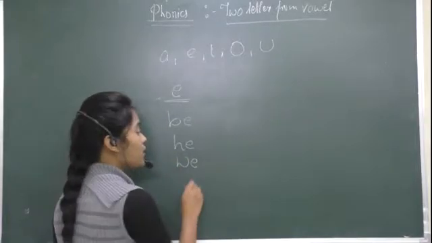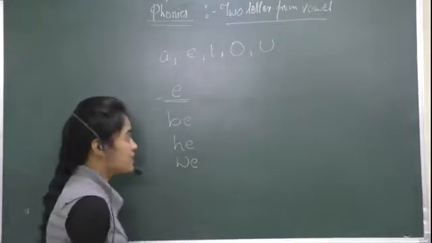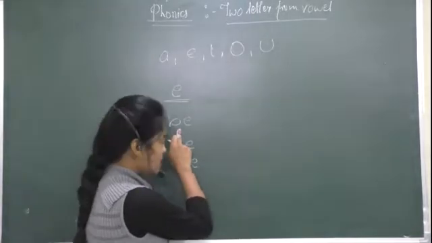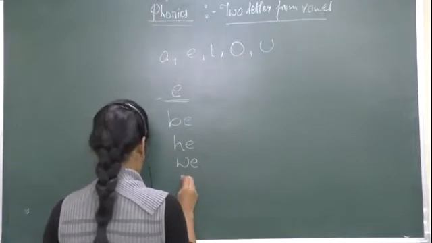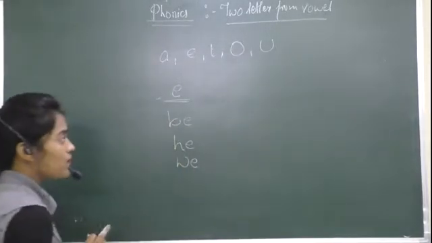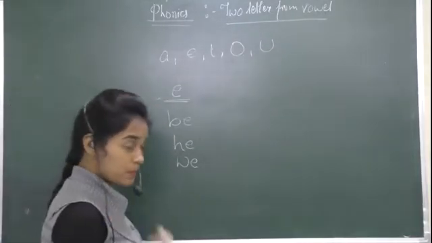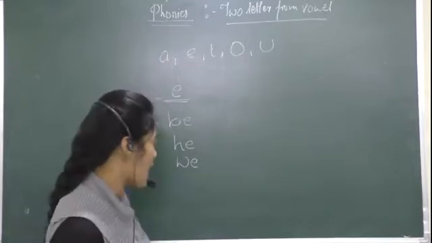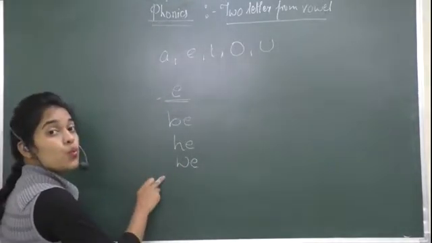W, E, we. So we can make 3 words from the vowel E: be, he, we.